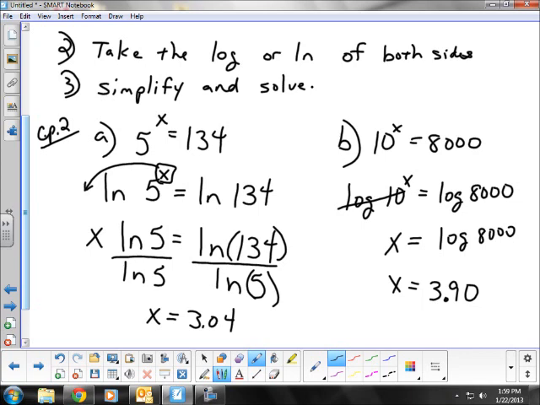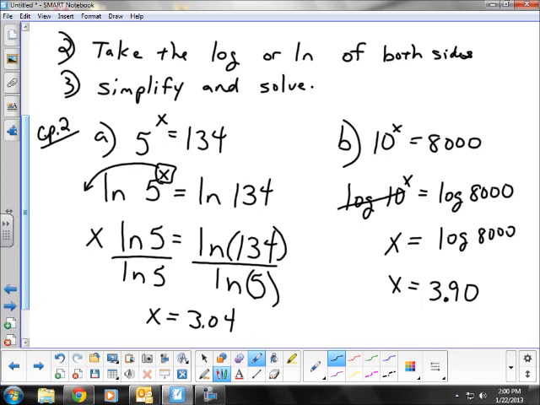If you'd used the ln on this, and hadn't noticed that the log of 10 would cancel out, you'd have had the ln of 8,000 divided by the ln of 10. And look and see what that gives you. Same answer.